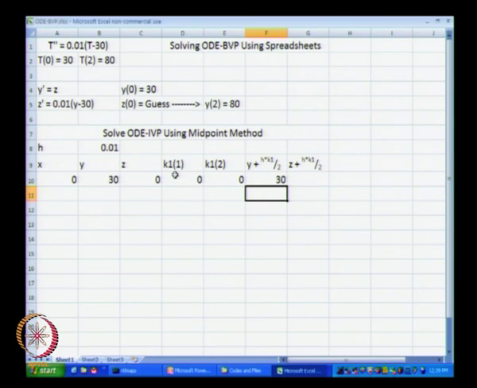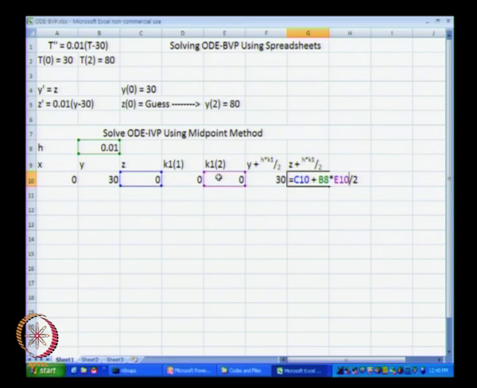Okay. So, that is going to be y plus h k1 1 by 2, and we also need z plus h multiplied by k1 2 by 2.